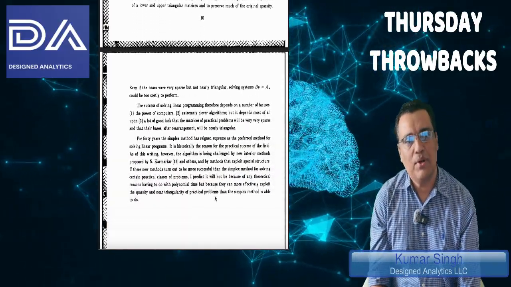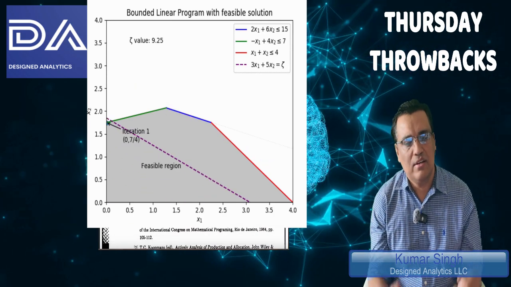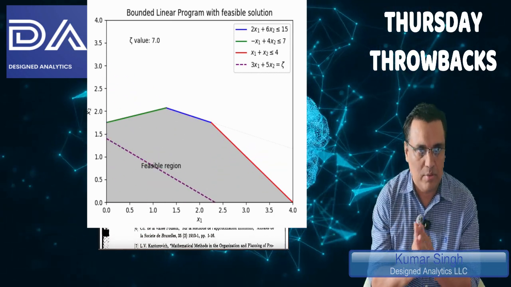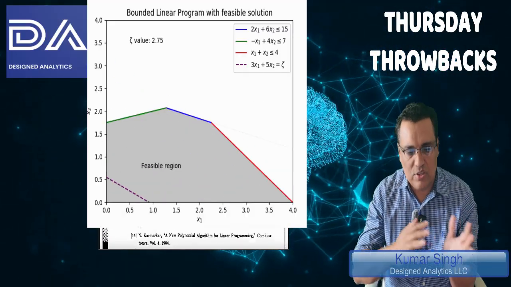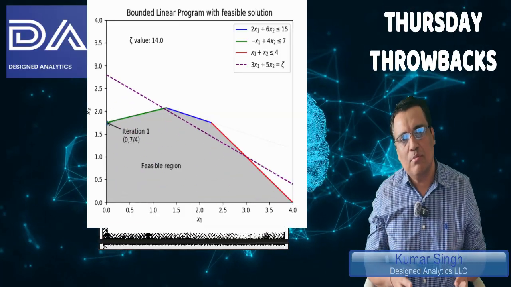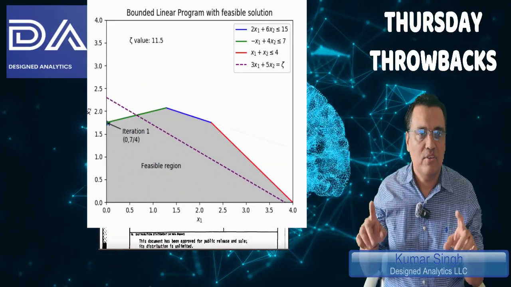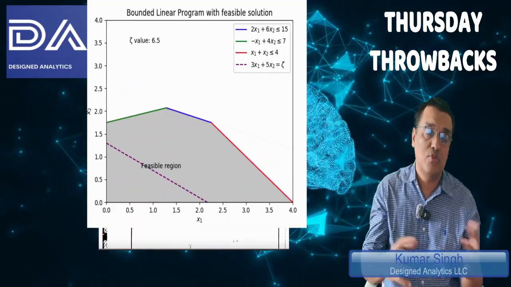So you see an example here, a quick GIF showing how the objective function, which is the purple line, speeds towards the optimal solution. The method, simplex, works by navigating on the vertices of a feasible region which contains the solution or solutions that exist.